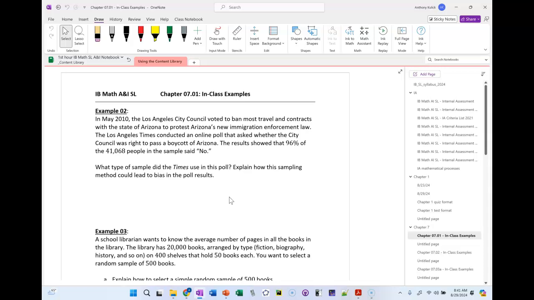The results showed that 96% of the 41,000 plus people sampled said no. What type of sampling did the Times use in this poll? What was the type of sampling we did here? You set up an online poll and just asked residents yes or no.